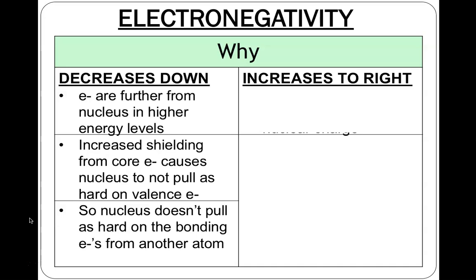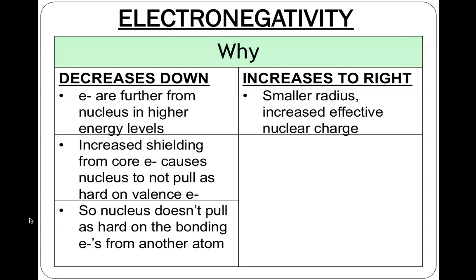Now, if we go to the right, we already said this, it's going to increase to the right. Well, we know the radius gets smaller. We know Z effective becomes larger. So, smaller radius, larger nucleus. That's going to make for a very large attraction to a bonding atom's electrons.